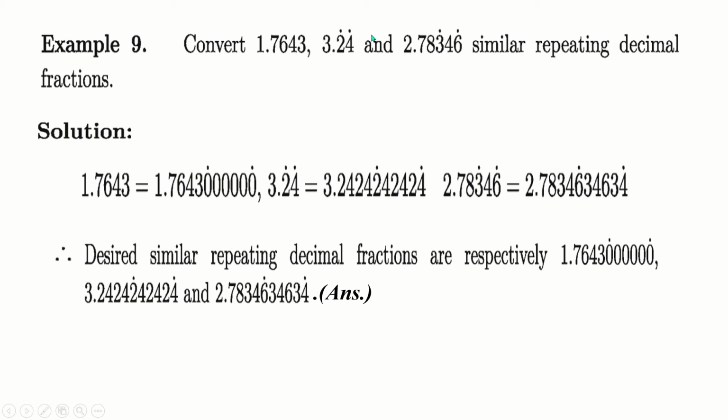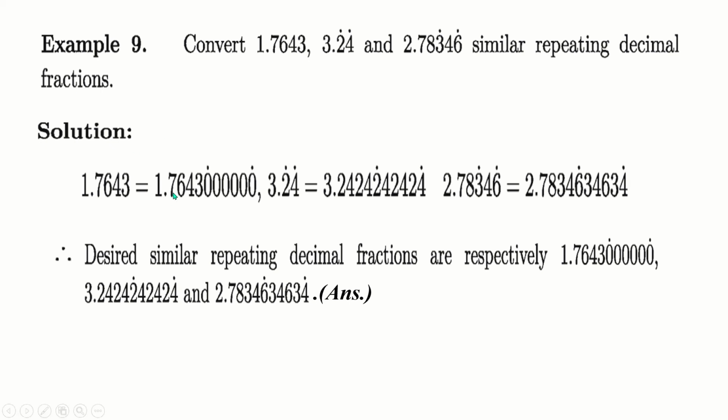Okay, now follow this. At first we have to observe the maximum non-repeating part after the decimal point. Here it is 1, 2, 3, 4. So after the decimal point the non-repeating part will be 4.